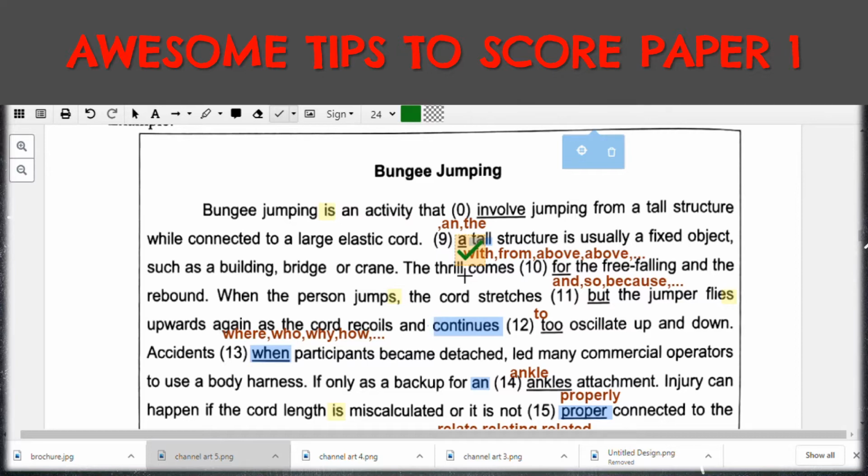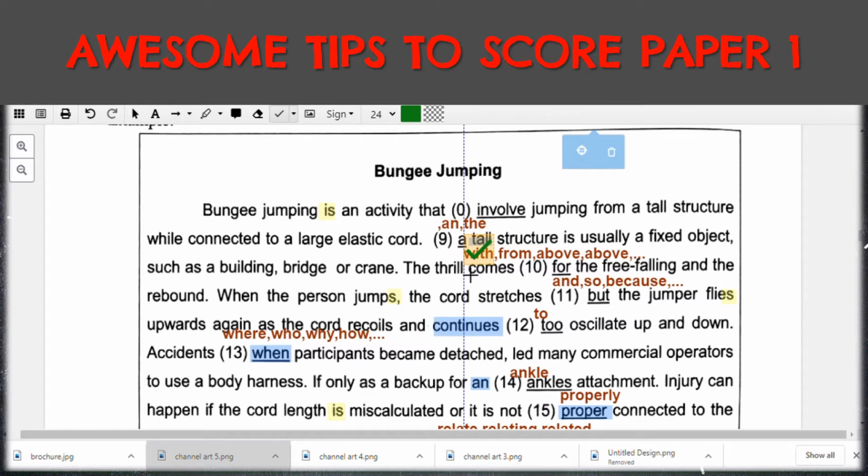When you look at here, let me teach you a tip. Let me teach you how to answer with your eyes only. What are other possible answers? There'll be "an" and "the" only. "So" is already underlined, means it's already wrong.